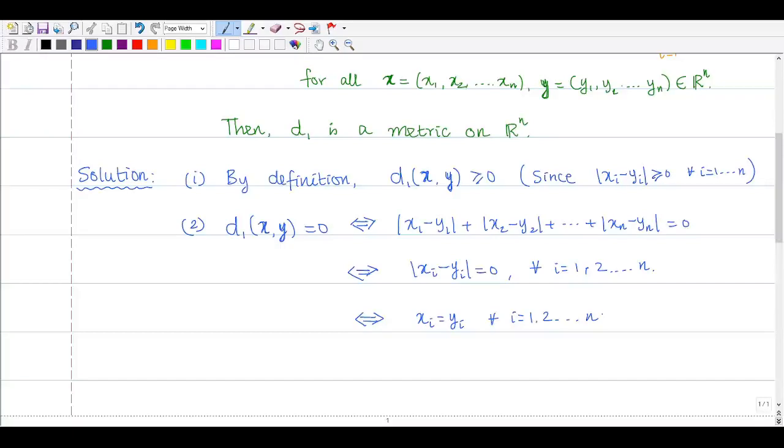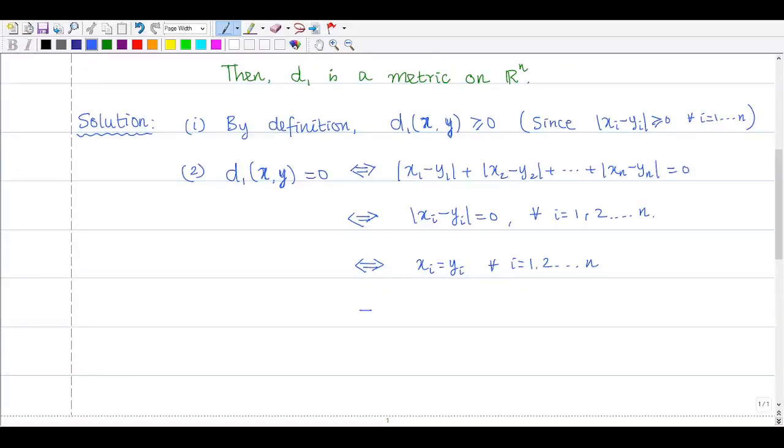Okay, and this implies that this is if and only if x ங்கிற வெக்டார் யாரு? This can be expressed as (x1, x2, ..., xn) which is equal to (y1, y2, ..., yn). This is equal to, அப்படினா y. This is equal to y. அப்போ x equal to y.